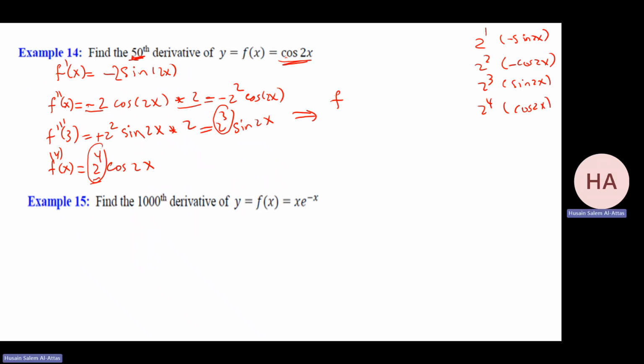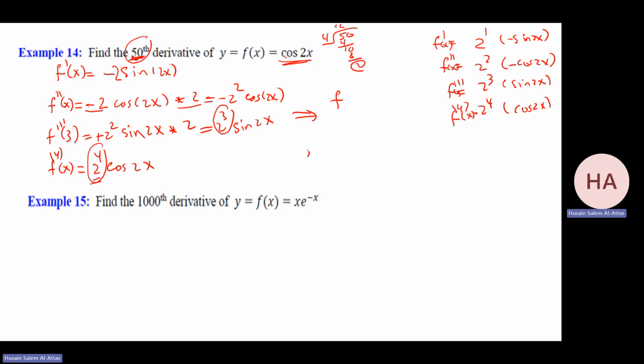So what will happen to the 50th? This is the first. What is the 50th? Check 50 over 4. That gives me what? The remainder is 2.